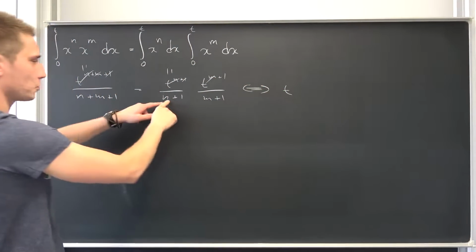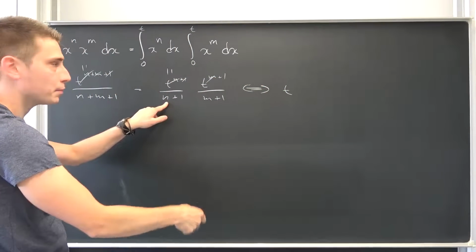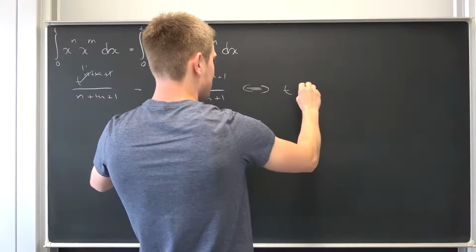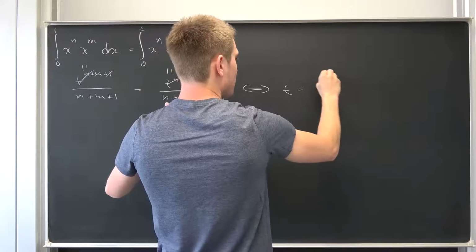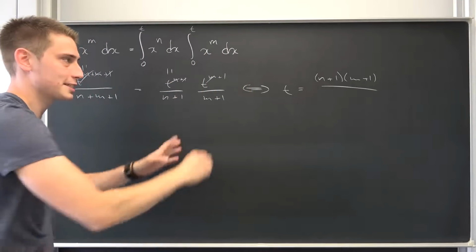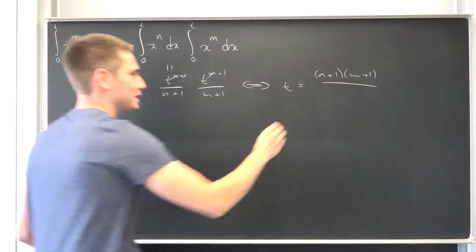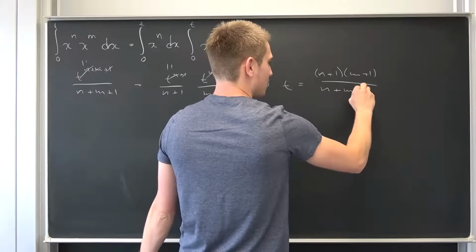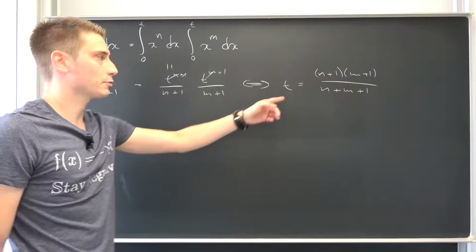So if we just multiply both sides by n plus 1 times m plus 1, thus t is nothing but n plus 1 times m plus 1 over n plus m plus 1. I'm rushing through it because that's not even the real point of the video. And for all t's of this form it does hold.